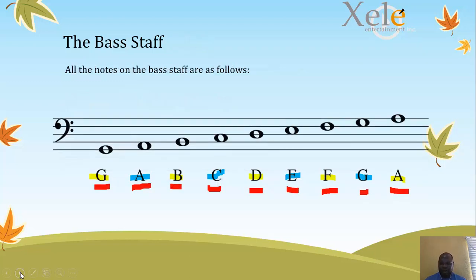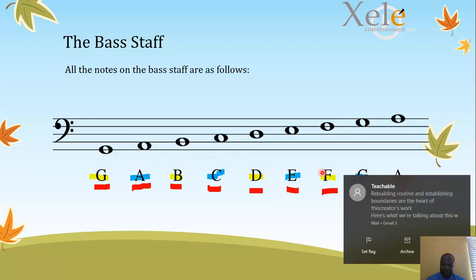Okay, so all the notes on the staff therefore will go G, A, B, C, D, E, F, and then G and A, right? For the lines we'll have G, the lines are in yellow, G, B, D, F, and A goes good, skip one, boys, skip one, deserve, skip one, favor, skip one, always.